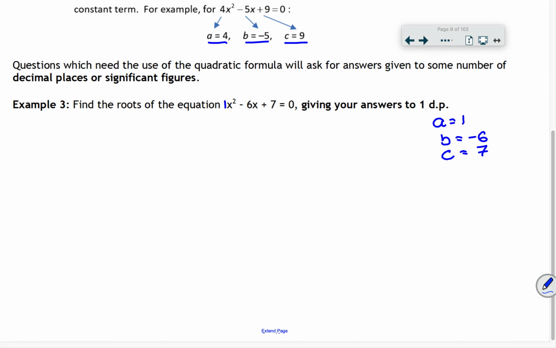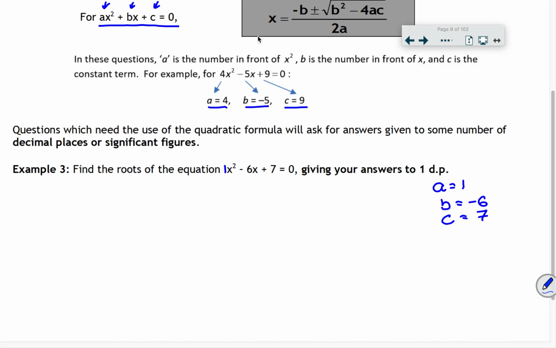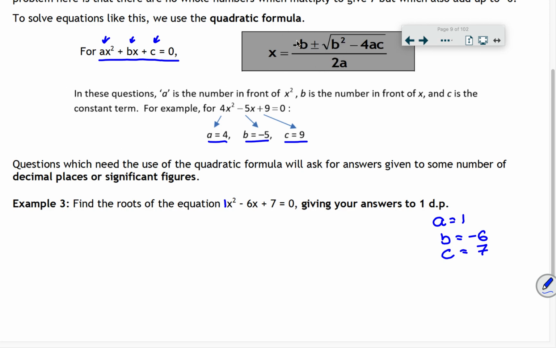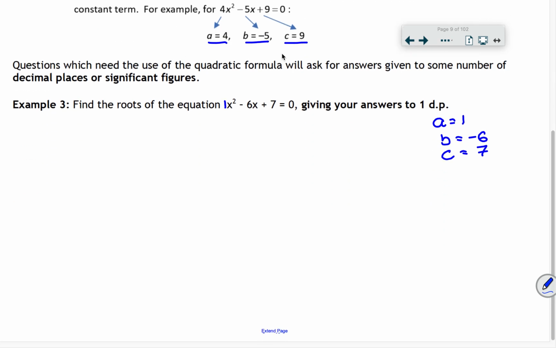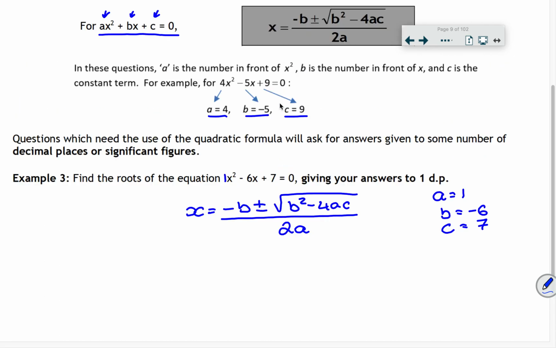And I want to just take those values and substitute them into the quadratic formula. So the quadratic formula says x is equal to minus b plus or minus the square root of b squared minus 4ac all over 2a. Remember, you don't need to learn this off by heart.